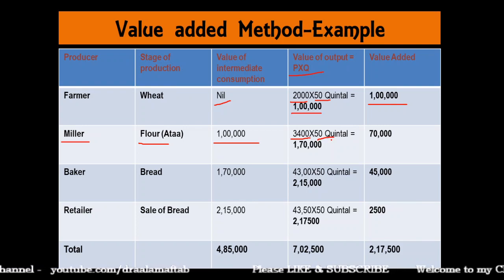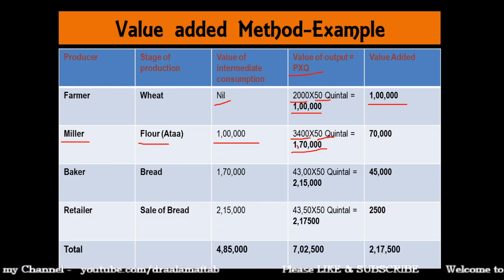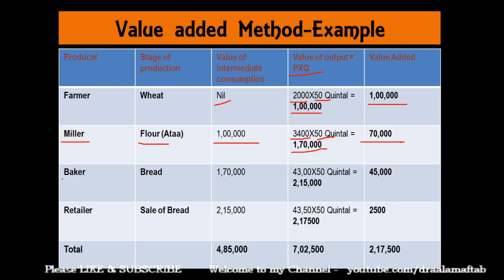This is also an assumption, as you convert wheat into flour, it loses weight, but here we have assumed that there is no reduction of weight. So total value of output in this stage will be 1,70,000. So 1,70,000 minus 1,00,000 is the value addition in the second stage.